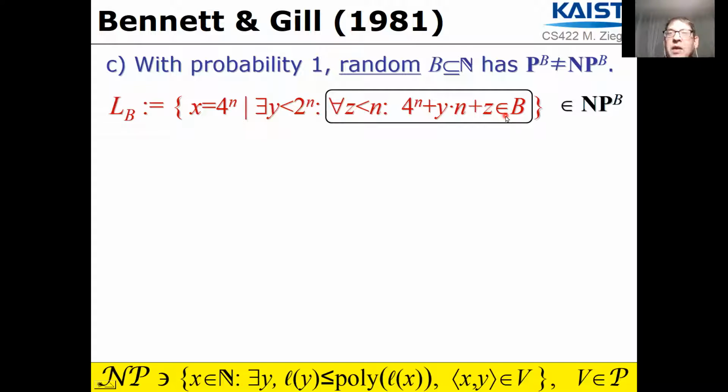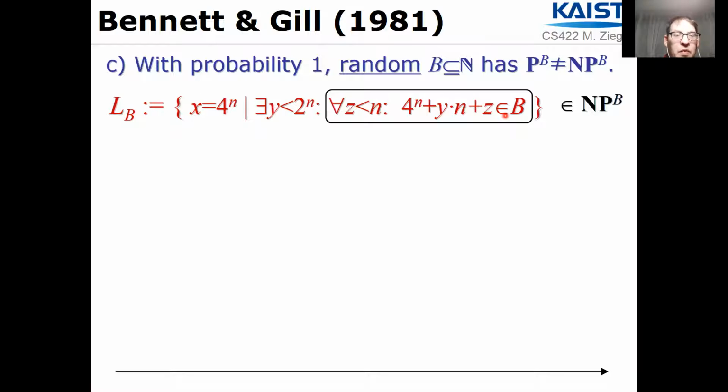And the difficult, challenging part of the proof is to show that it is provably not solvable in P with oracle B. The intuition behind this complicated formula is the following. We divide the array of natural numbers into these kind of steps. They're big steps, 4^n, 4^(n+1), and so on, always growing geometrically with a factor of 4.